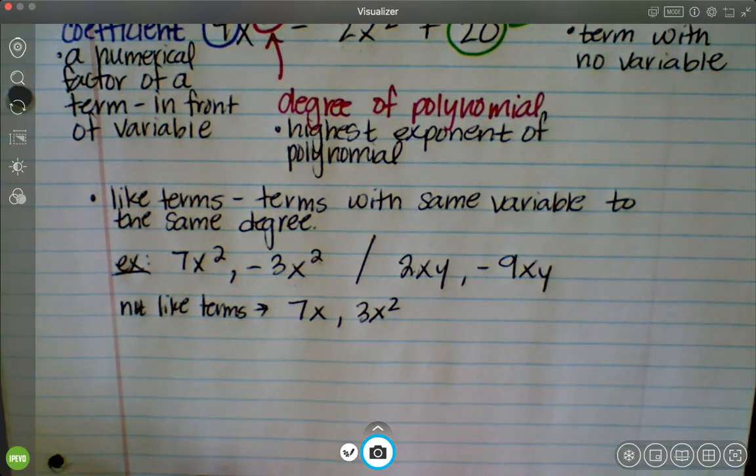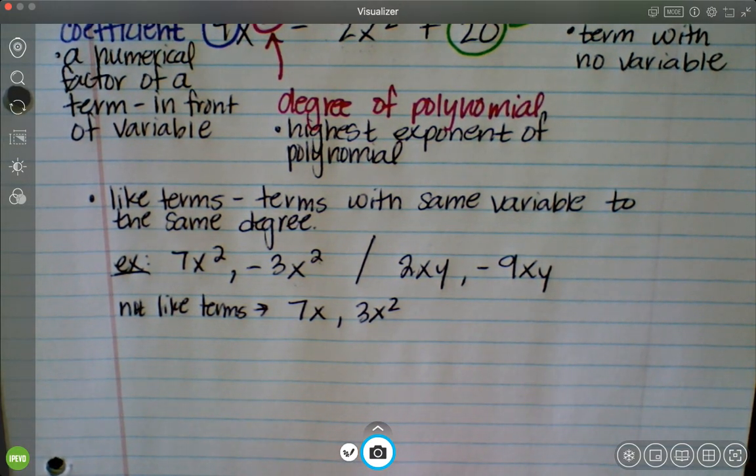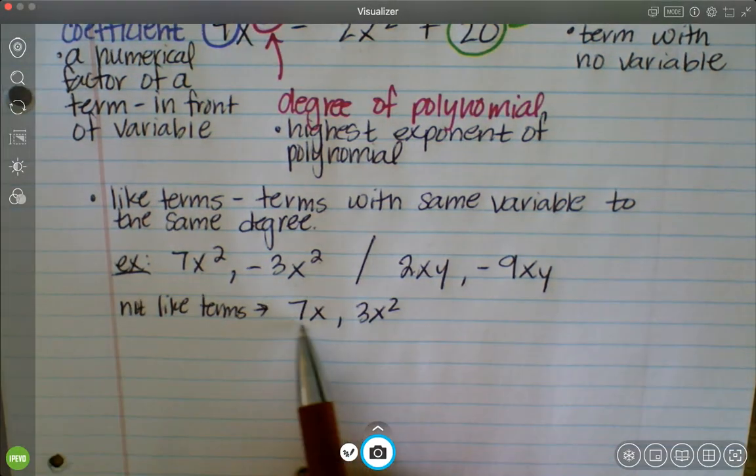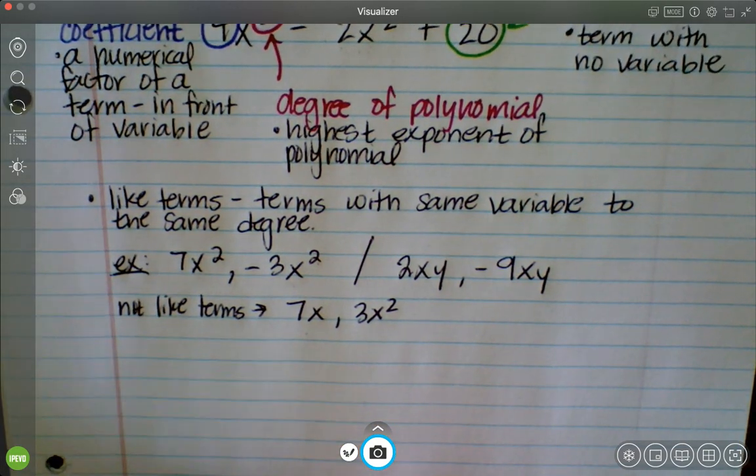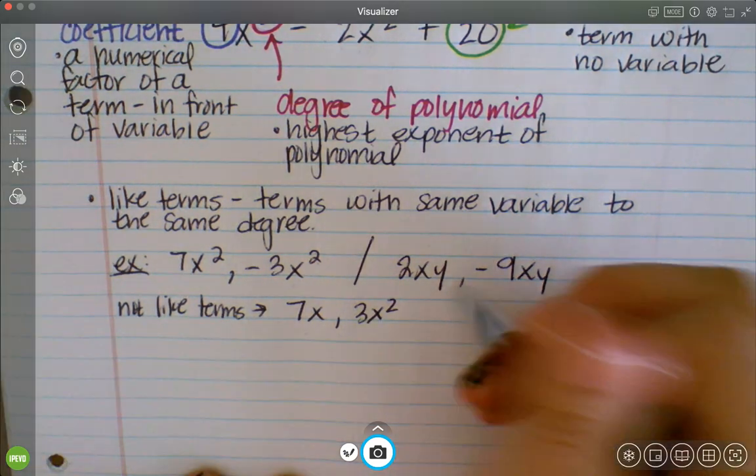They both have x's, but they are not both x to the second power. Therefore, these are not like terms, and we cannot combine these two terms. It's kind of like a single cheeseburger and a double cheeseburger. They're two different types of burgers, so we can't lump them into the same category.